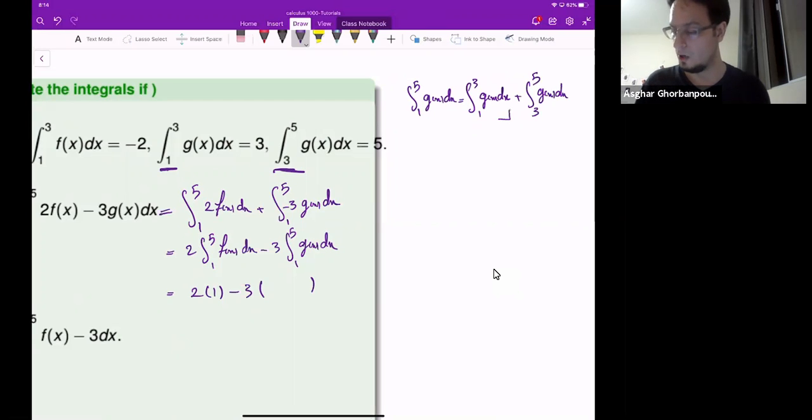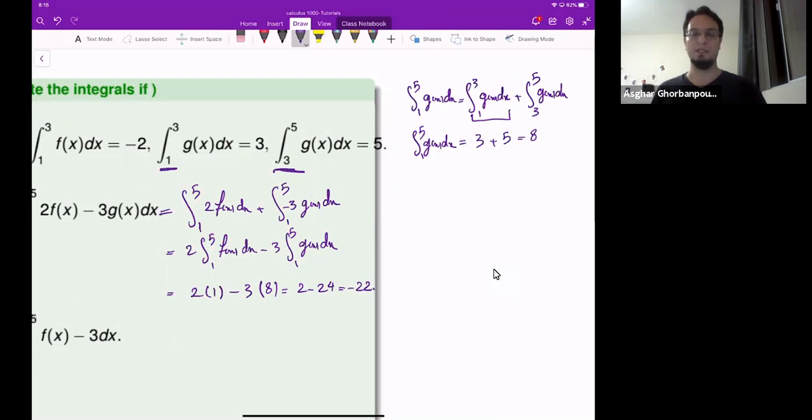Because I know the value of integral of g from 1 to 3 is 3. Integral of the function from 3 to 5 is 5. And that tells me that the integral of g(x) from 1 to 5 is 8. So here, then I have 8. This is 2 minus negative 20, 2 minus 24, therefore giving negative 22.